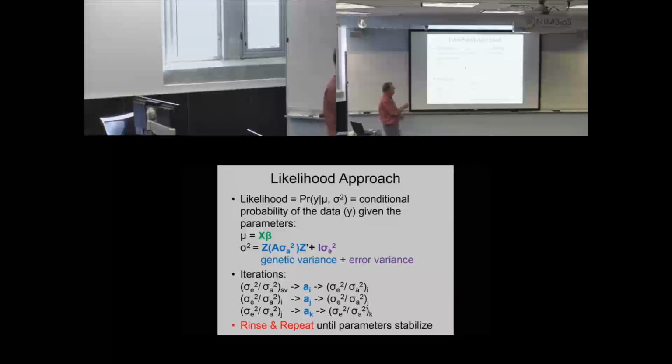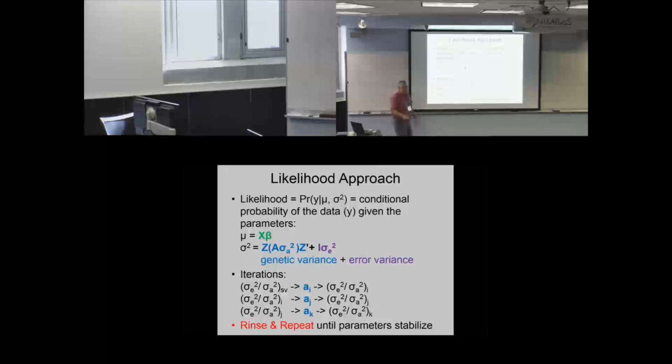Mu is the mean, it's just x beta, these are the fixed effects. And sigma squared is going to be this term here. You know what all those things are: that's the genetic variance plus the error variance. So the likelihood is the conditional probability of the data given these parameters.